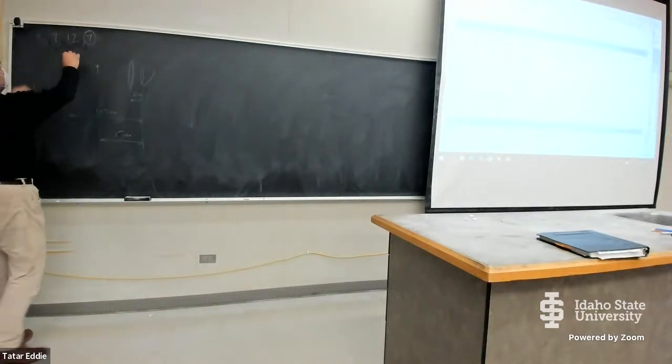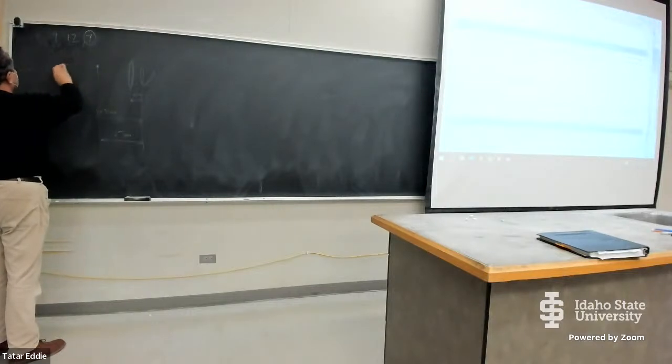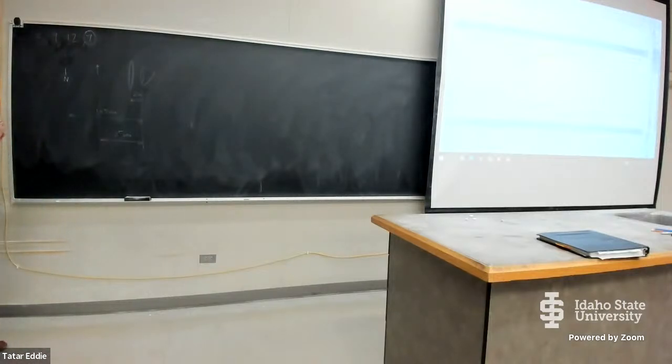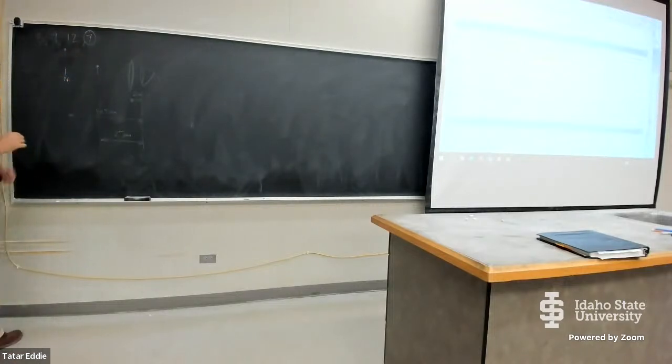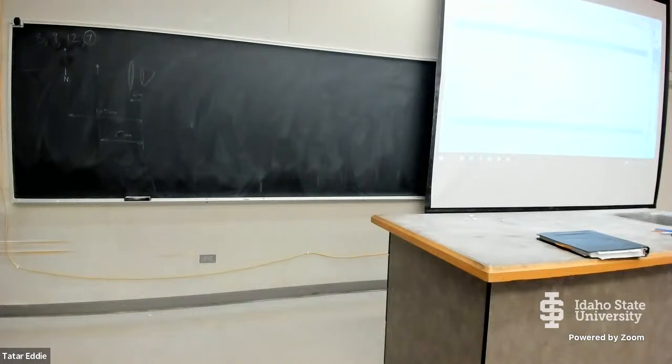Therefore, the image has to be created right here at point N. So this is point N. The image has to be created here. Here is the image. And now let's figure out what is the focal length of this lens, the lens of the eyeglasses.